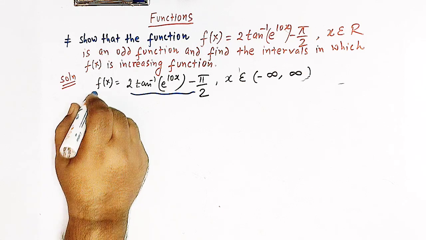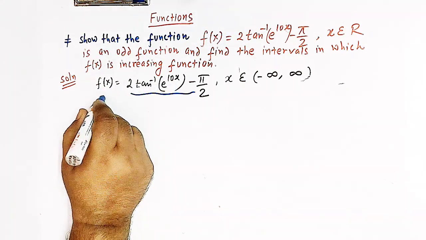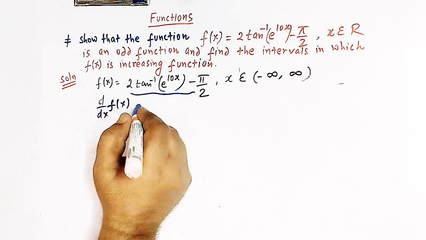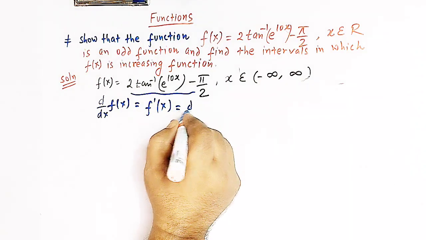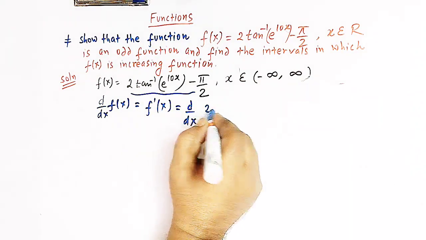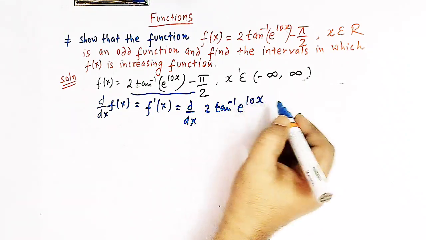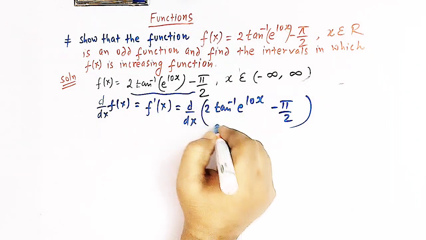So now let us differentiate f of x with respect to x. So d by dx of f of x is equal to f prime of x, that is d by dx of 2 times tan inverse e raised to 10x, and here we have minus pi by 2, right?